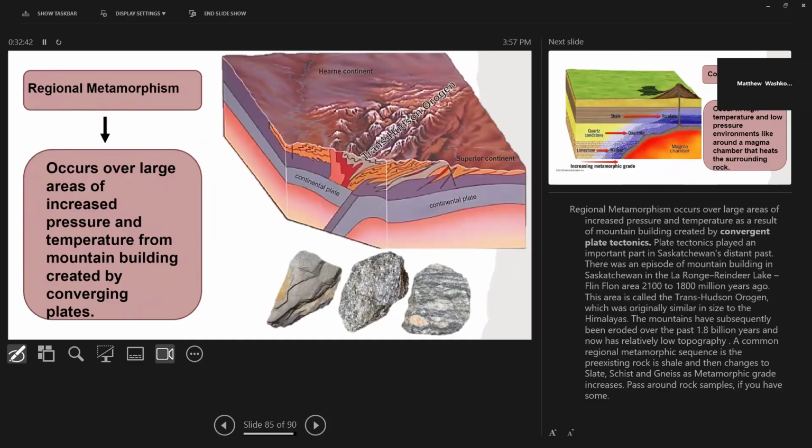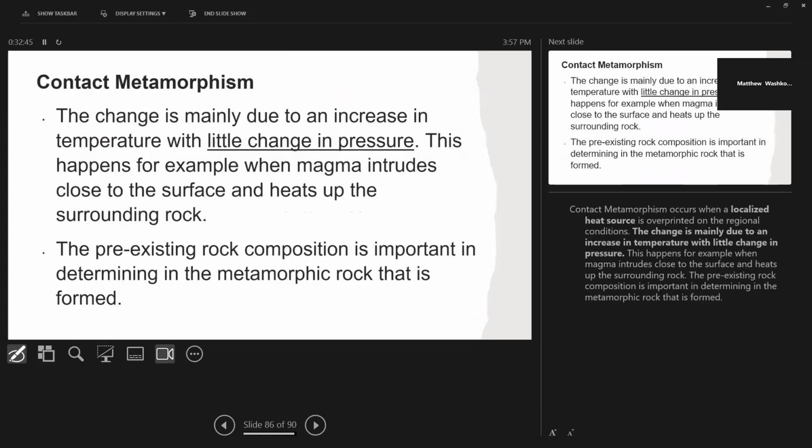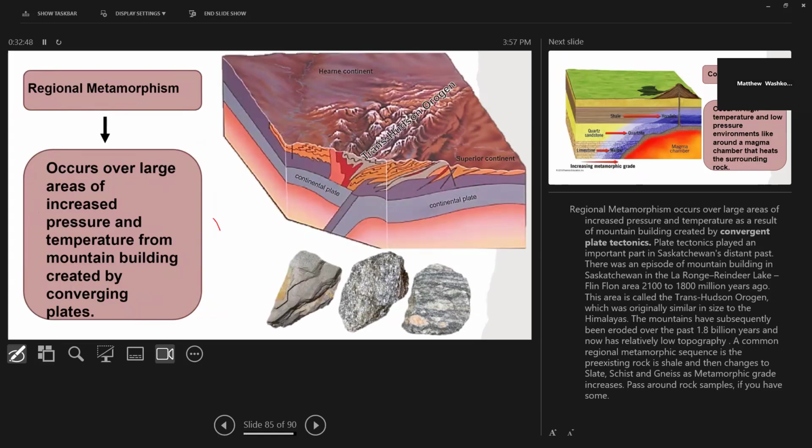So you also have regional metamorphism. Yeah, you do have to write this down actually. This occurs over a large area of increased pressure and temperature from mountain building created by convergent tectonic plates, right? Here's two tectonic plates. This one's moving this way. The other one's moving towards it.